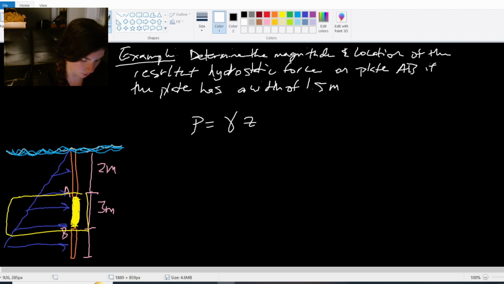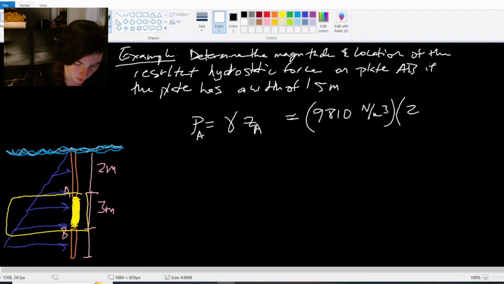We can do these for our points A and B. At A, notice our specific weight is going to be the same, because it's always of the fluid itself, so of the water, which in this case, since we're dealing with metric, is 9810 newtons per meter cubed, times the depth, and our depth at A is 2 meters below the surface.